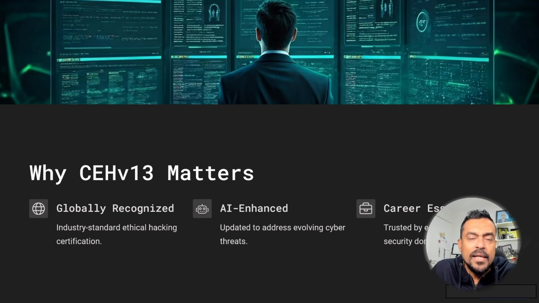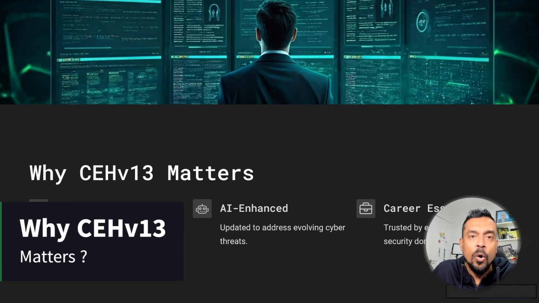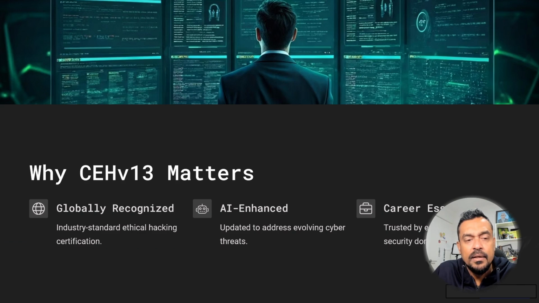The next thing is why Certified Ethical Hacker version 13 matters. One is that it's a globally recognized, industry standard ethical hacking certification, because most of the certificates in today's world focus mainly on conceptual understanding and fundamental knowledge.